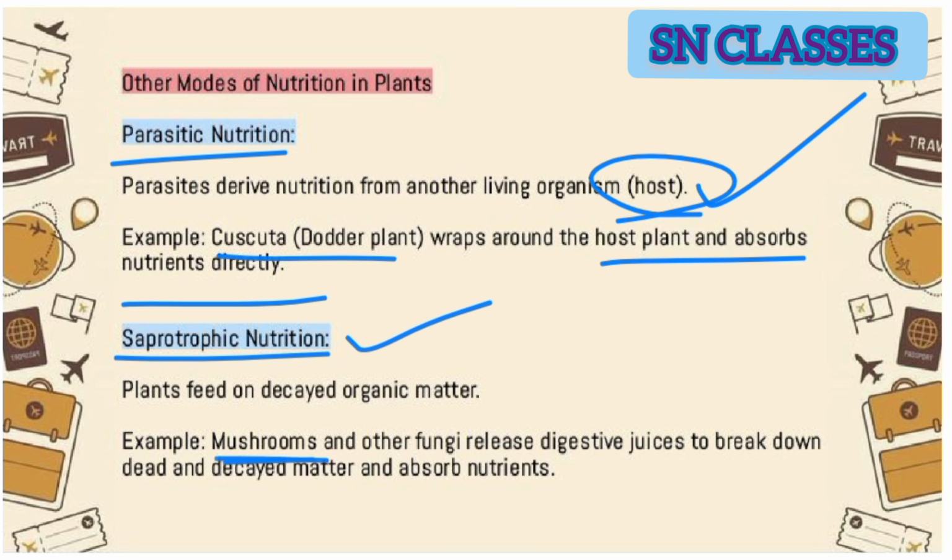You can observe that mushrooms grow in moist conditions, right? There it may be wood, or dead and decayed animals or plants that are decayed in the soil itself. In those moist places, these mushrooms grow. These dead and decayed substances are taken by mushrooms and some fungi, which release digestive juices to break down the dead and decayed matter and absorb the nutrition.